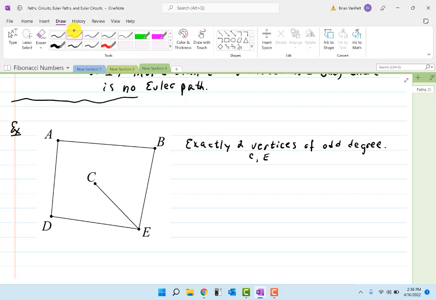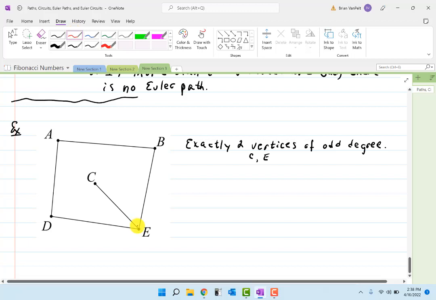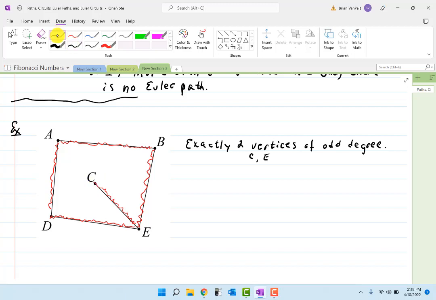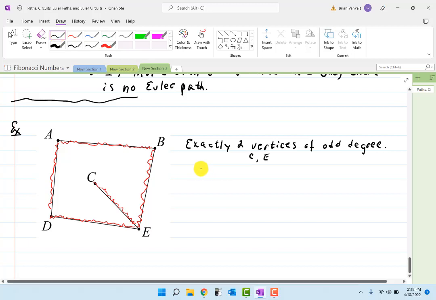I'm going to start my vertex at E. From E, I can go out to B, and then I can go to A, and then D, and back to E. And now, E has odd degree with 1 edge leaving it, and C has odd degree 1. So let me write that out. We started at E, I went to B, then A, D, E, C.